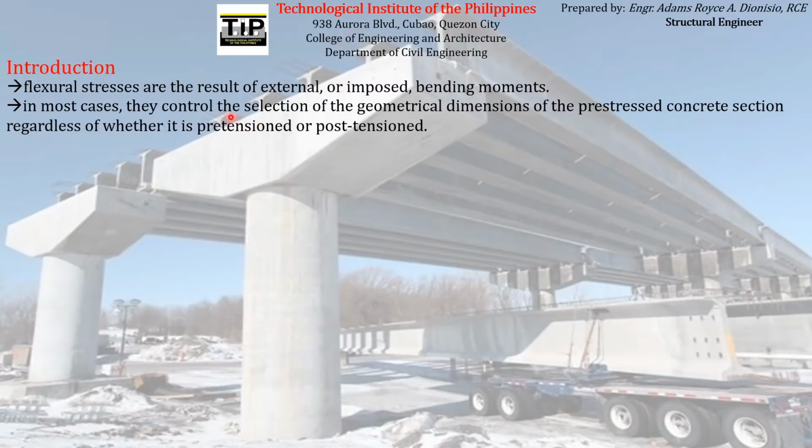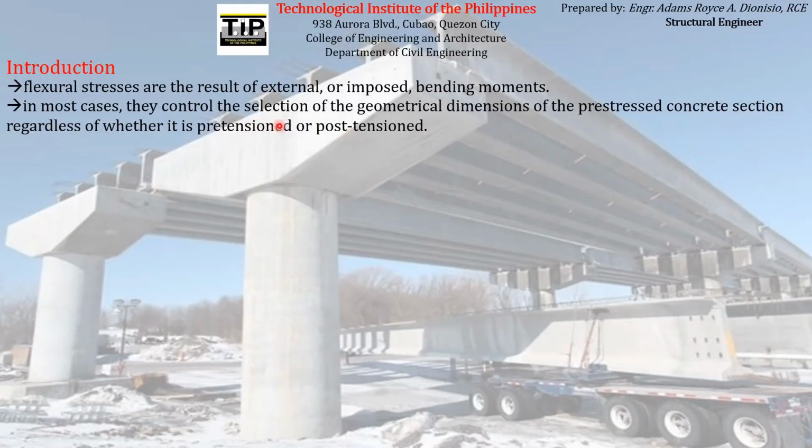Obviously, that's why it's called a flexural member. So whenever we design flexural members, such as beams, they are flexural members because they usually support or resist what we call bending moments. They tend to bend. That's their natural behavior. They tend to bend and resist bending moments.